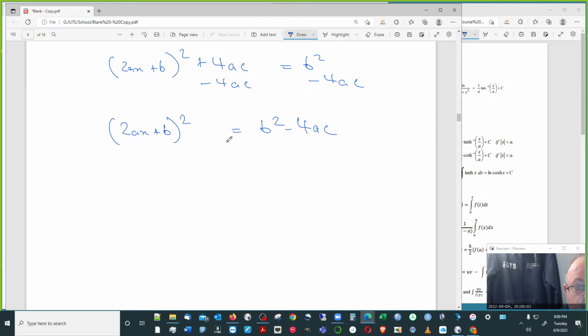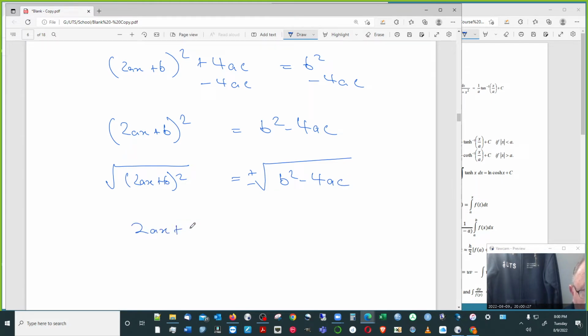Now we've got to undo the square, and we've got to take into account they can be positive or minus, so we're going to have to do square root and square root. So that's going to leave us with 2ax plus b is equal to plus or minus the square root of b squared minus 4ac.